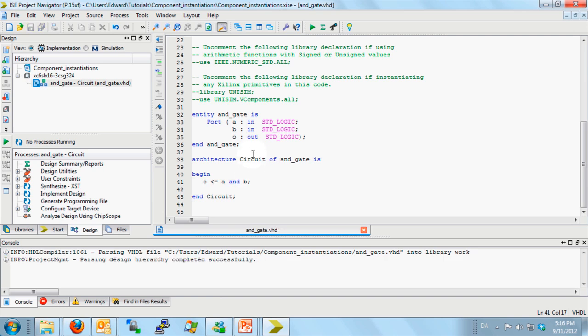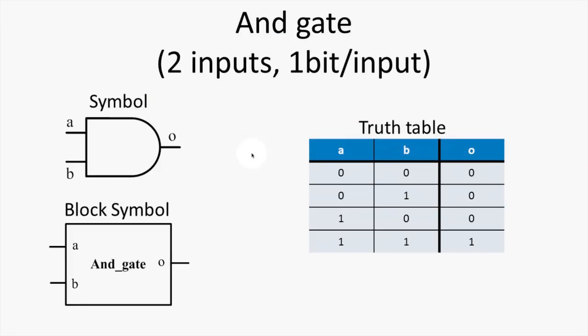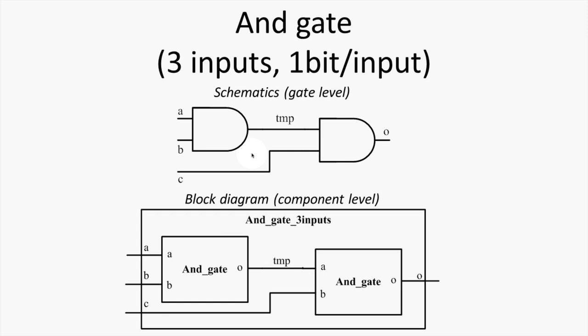So now this is the basic component that I'm going to use to create a larger circuit. I'm going to instantiate this component twice. So the component that I thought to create was a 3-input AND gate.